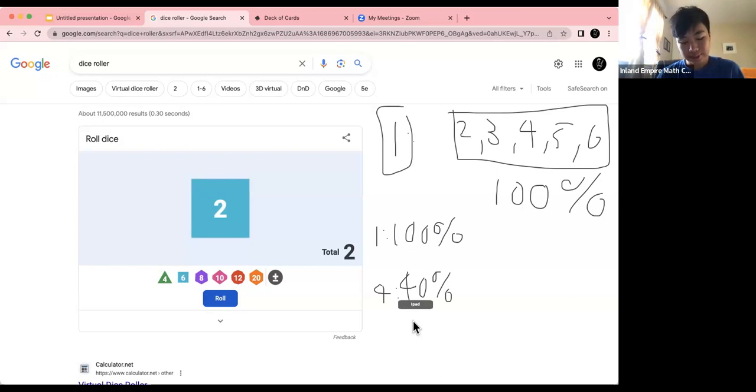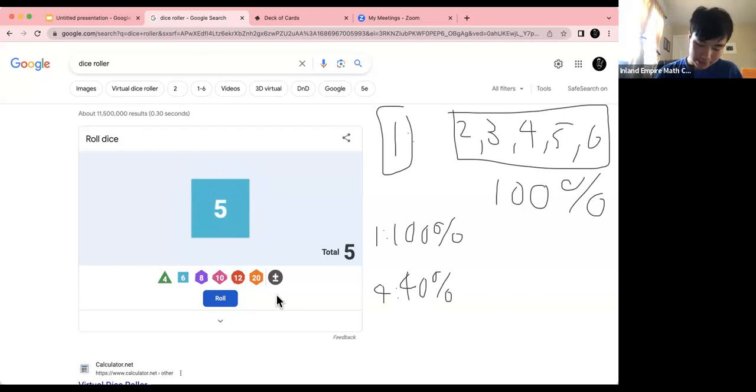Does anyone have any ideas about what 2 or 3 or 5 or 6 would be if we rolled those first? Such as if we rolled a 5 first, should you guess greater or smaller?